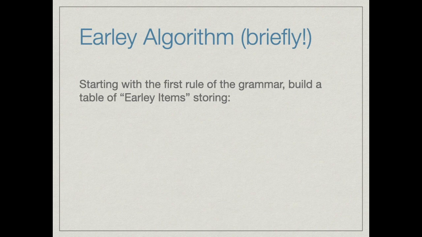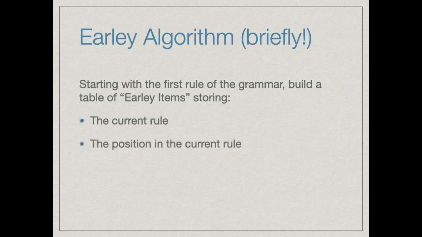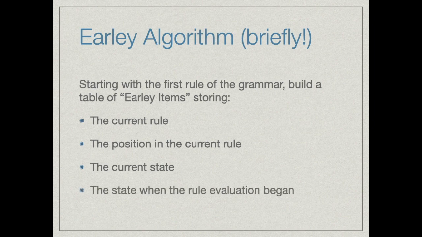Traditionally, the Earley parser starts by evaluating the first rule of the grammar and then uses it and the symbols it references to build a table of Earley items. These Earley items store things such as the current rule being tested against the input, the position in the current rule as the rule is processed, the current state that we're processing the rule in, and the state when the rule evaluation began.